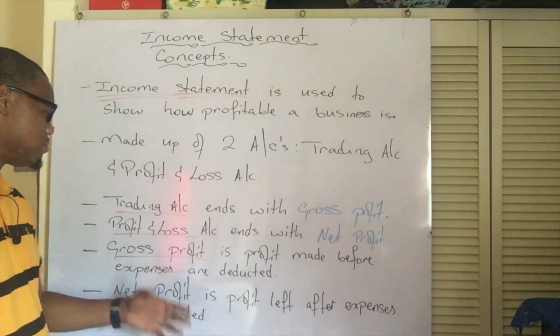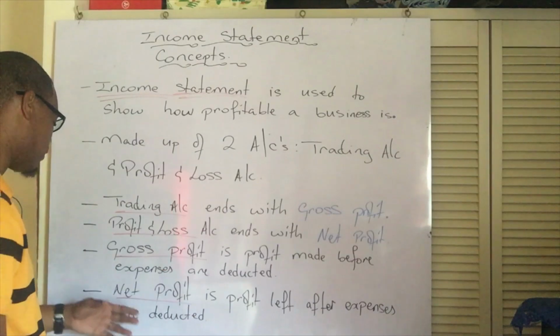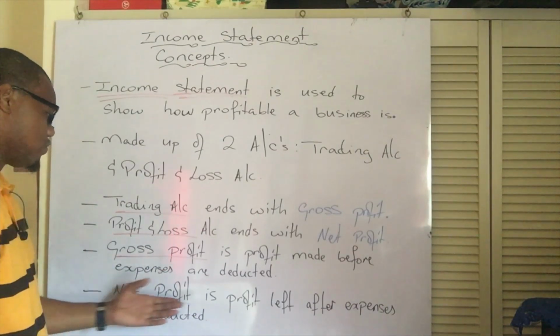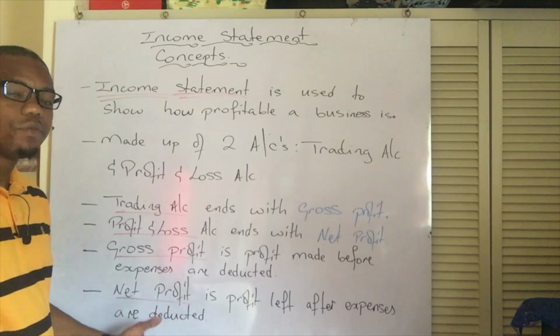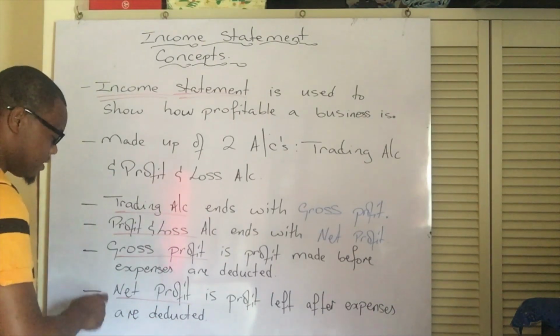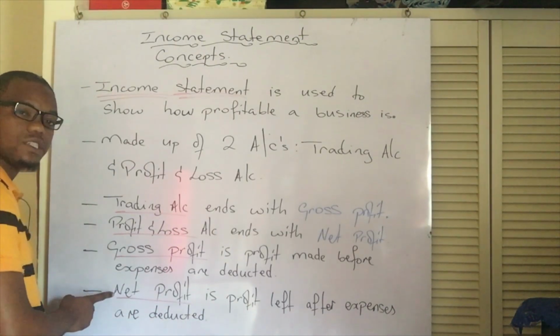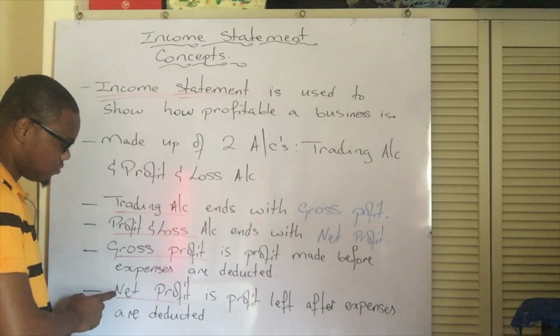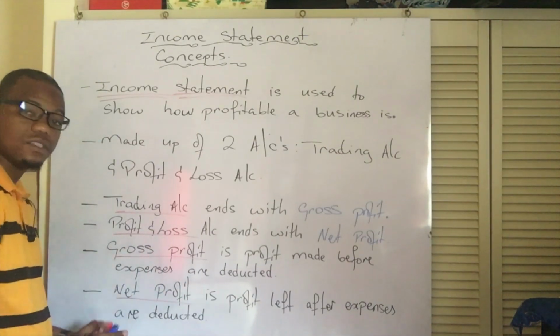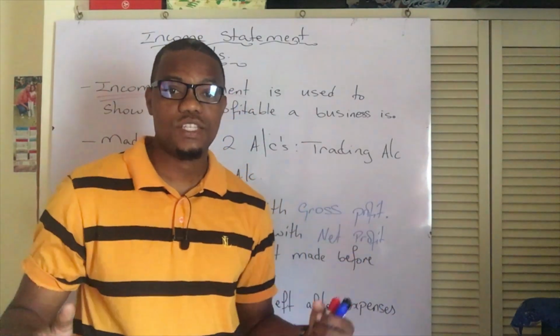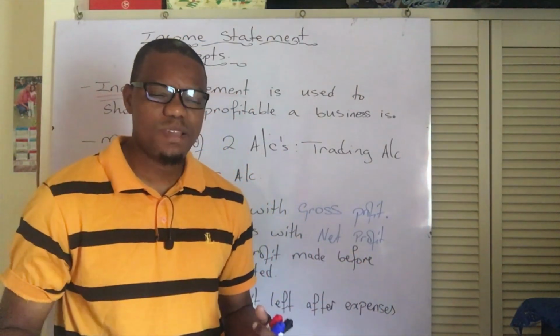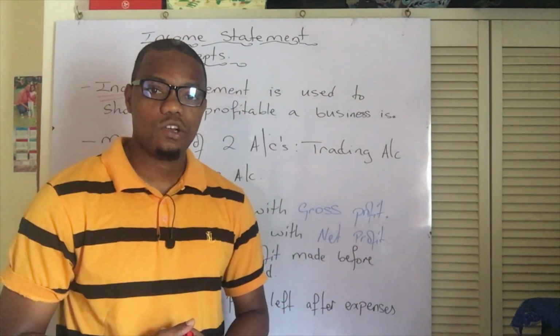The net profit is the profit that is left after expenses have been deducted, and this really is the one that people are interested in, to see if the business is profitable, yes or no. These are the basic concepts of the income statement.